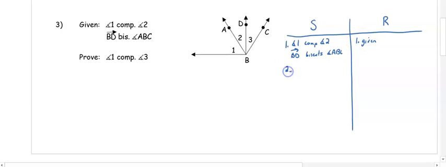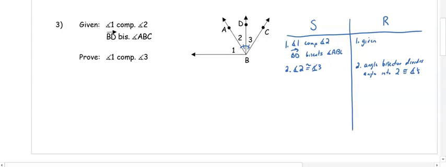So if we have a bisector, we know that this angle is bisected, so we now know that angle 2 is congruent to angle 3. So we're going to say angle 2 is congruent to angle 3, and our reason is the angle bisector. So we would say angle bisector divides angle into two congruent angles.